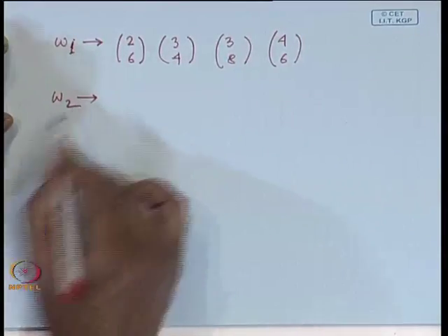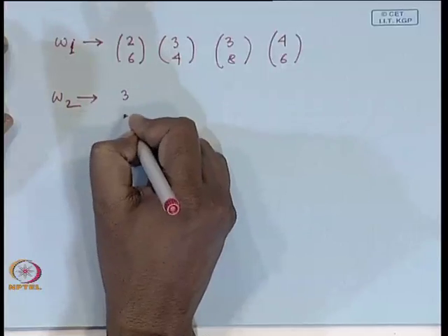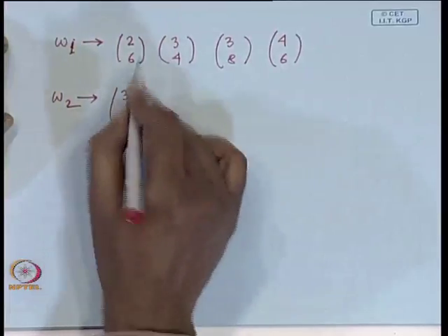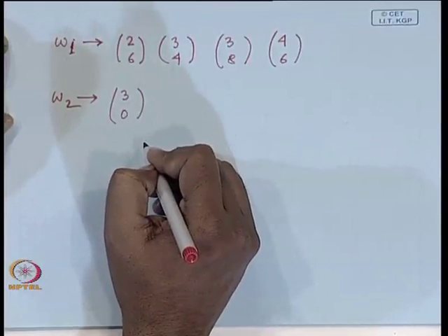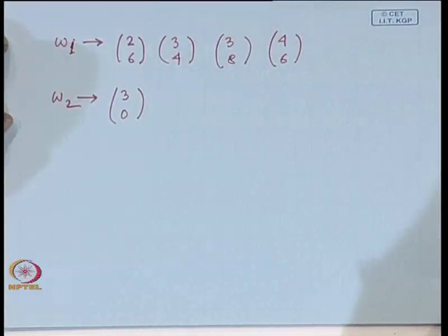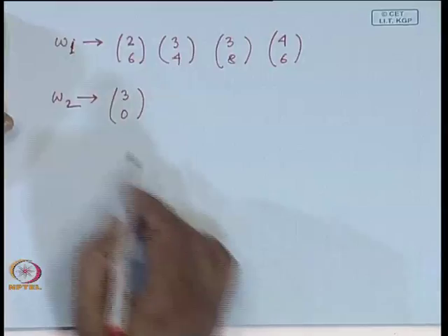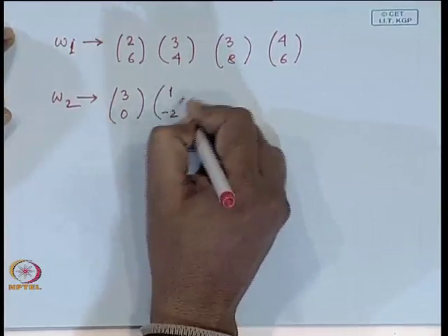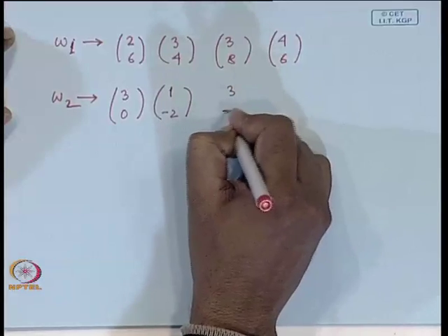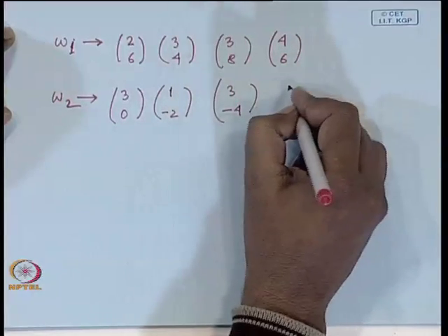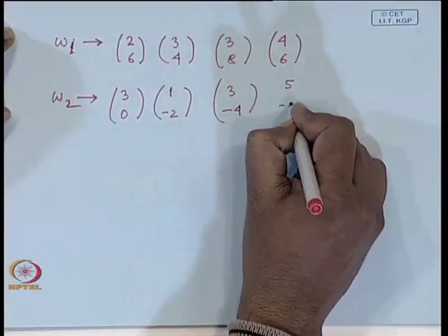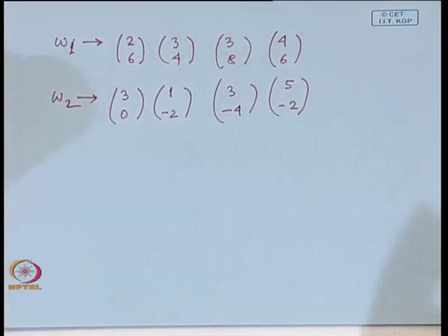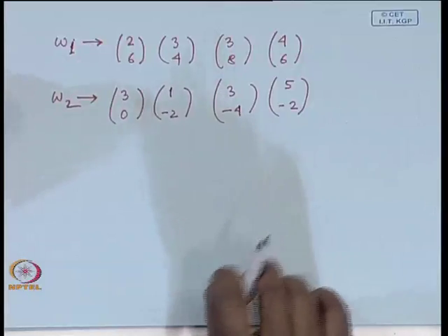And the training samples for class omega 2 are given as (3, 0), (1, -2), (3, -4) and (5, -2). So, naturally we are considering a two dimensional space, and as I said, the examples I will typically take in two dimensions because I can draw them on plain paper. So, these are the training samples belonging to the two classes omega 1 and omega 2.